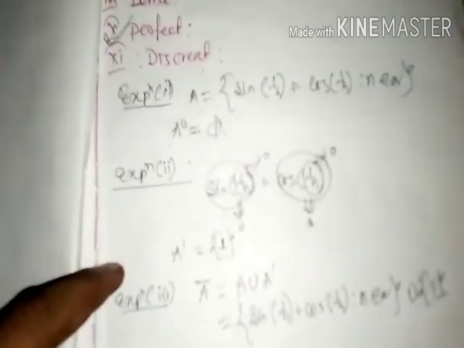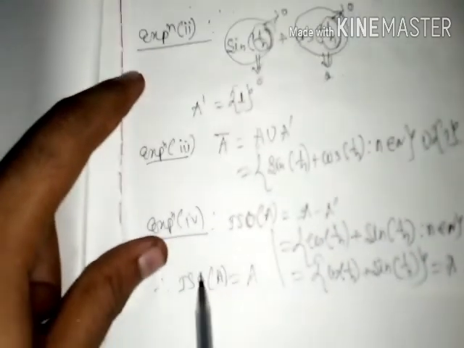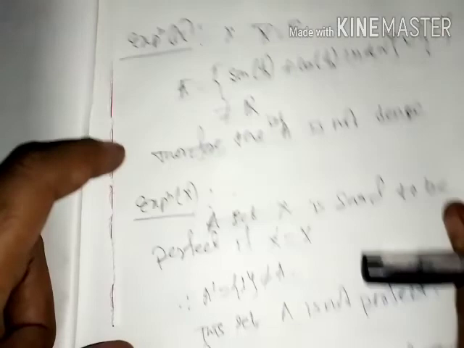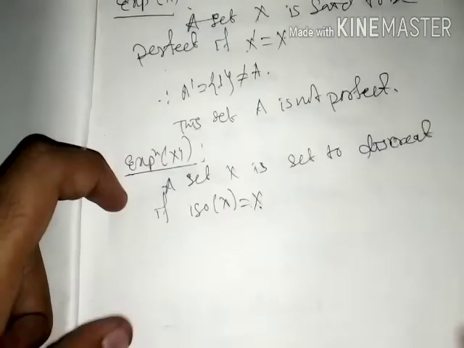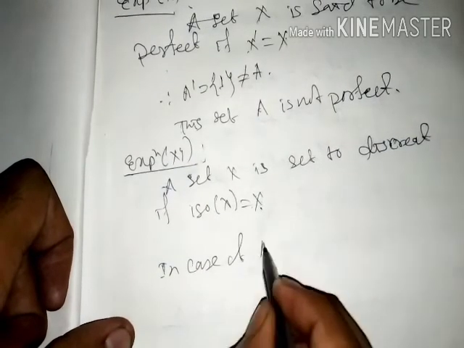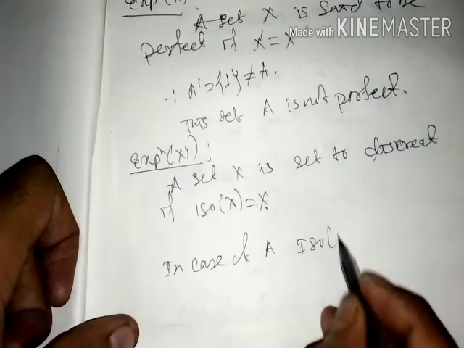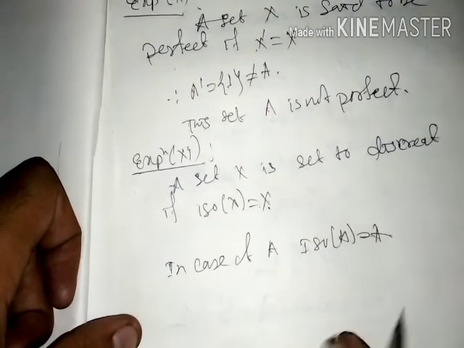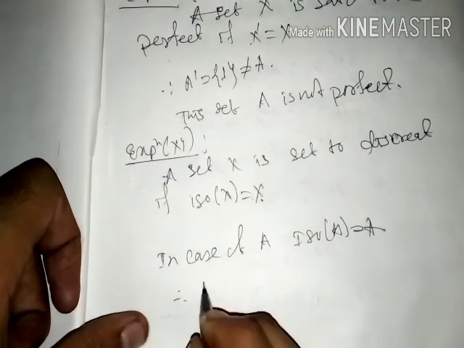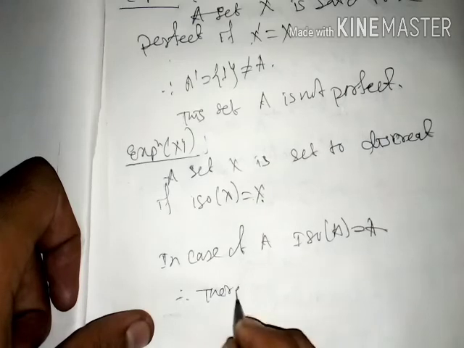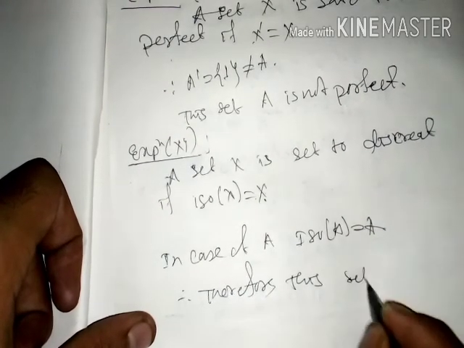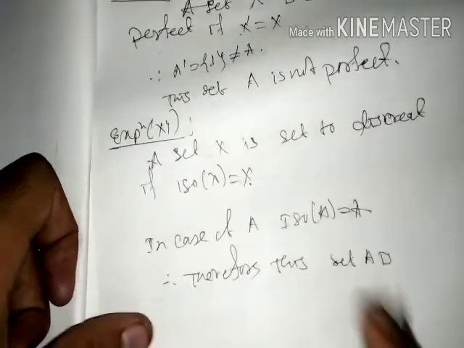What we get? Already we got Iso of A equal to A. That's why this set is discrete. Therefore, this set A is discrete.